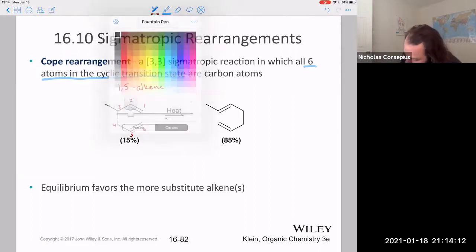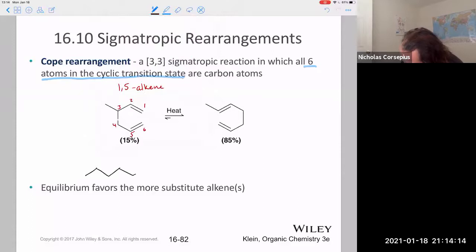So let's take another example, and I'm going to draw it in this straight chain format, something big and long, where we have our first double bond here. Well, if this is going to be able to undergo a Cope rearrangement, the other double bond has to be located 1, 2, 3, 4, 5 carbons away.